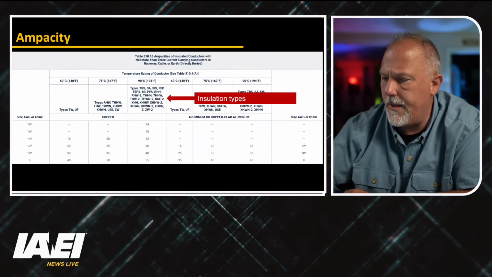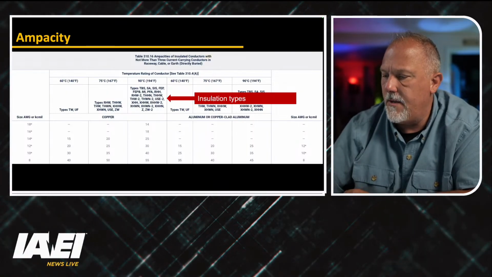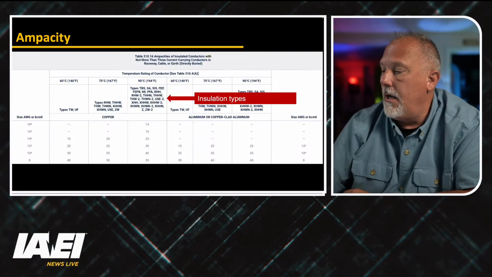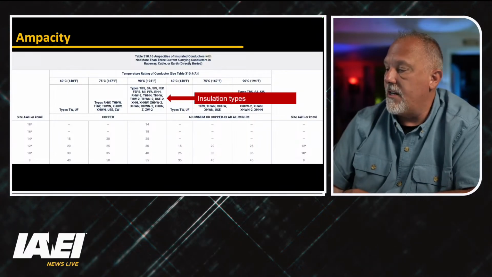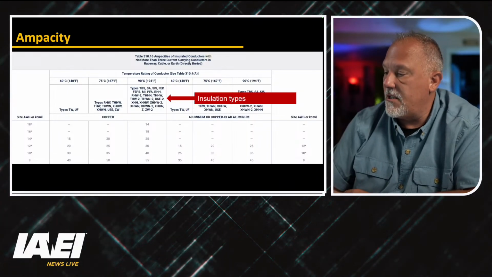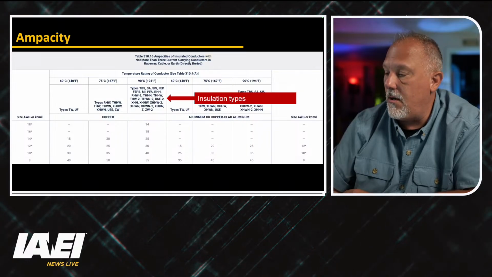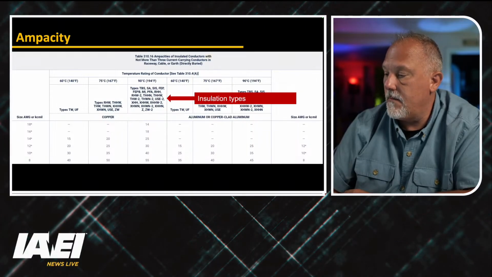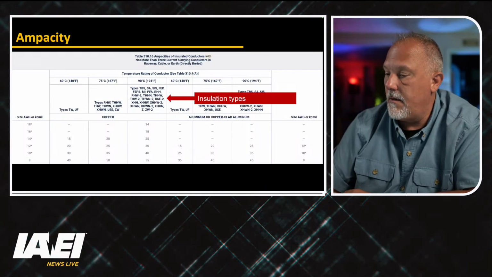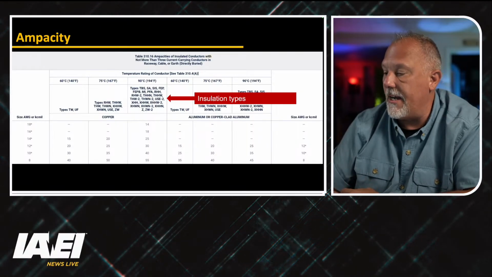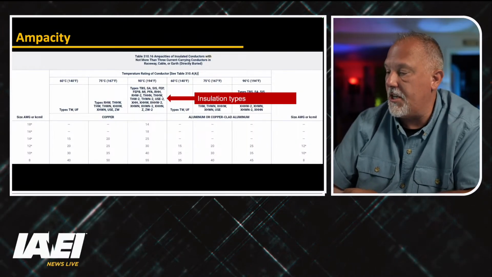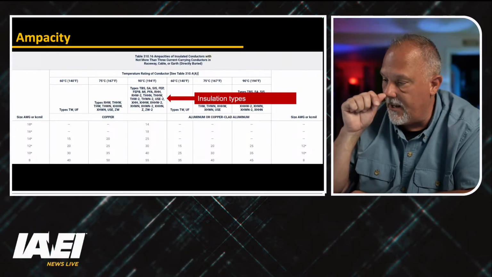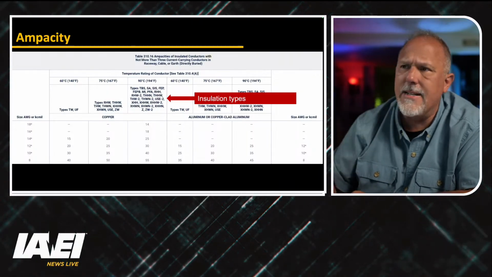I think it's 310.4, Table 310.4(1), conductor applications and insulations. That gives you all of the different types. XHHW is 90 C in dry and damp locations, 75 C in a wet location, etc.